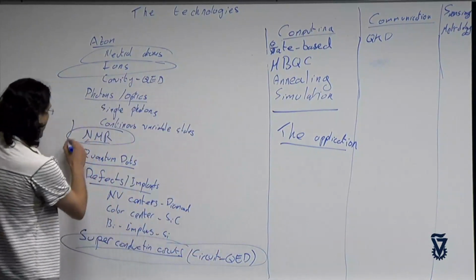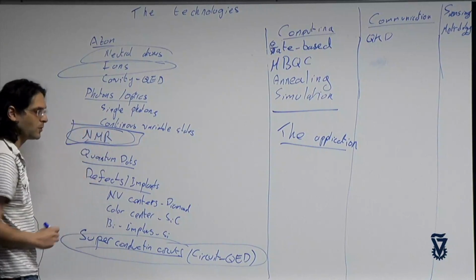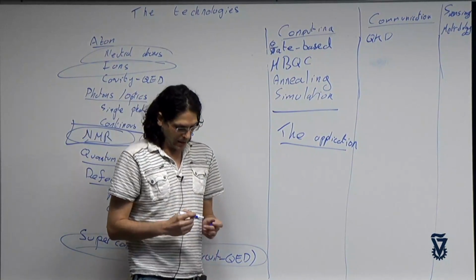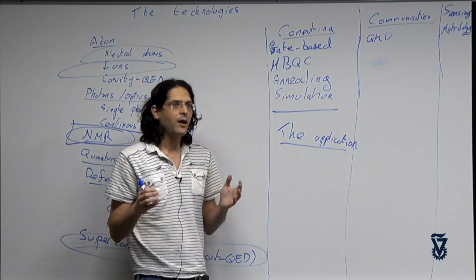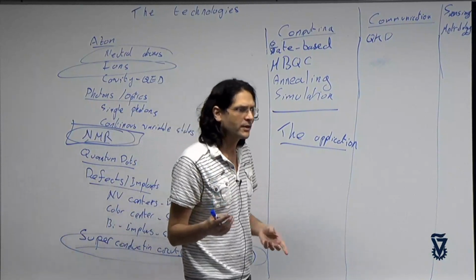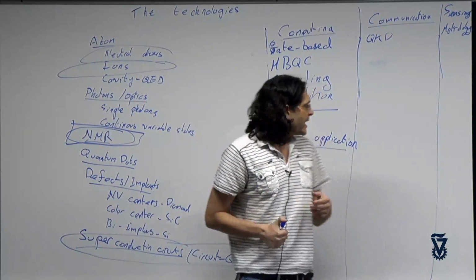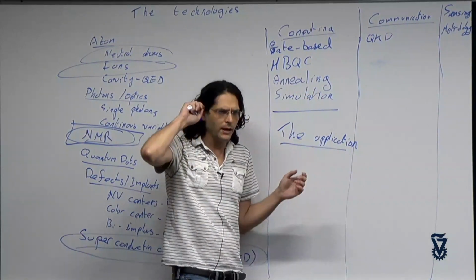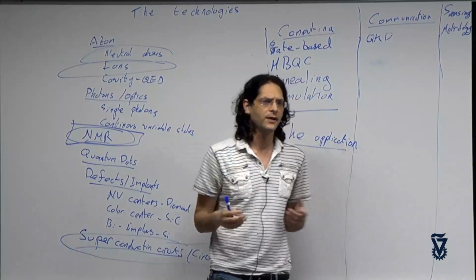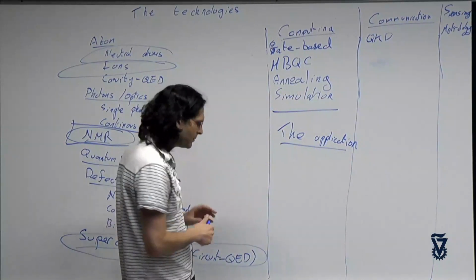Second thing is NMR. Okay, so why NMR? The reason is that NMR is a relatively old technology. It's relatively established. It will never yield quantum computing. It is completely unscalable, unless someone thinks of something crazy, but we will understand why it's unscalable.